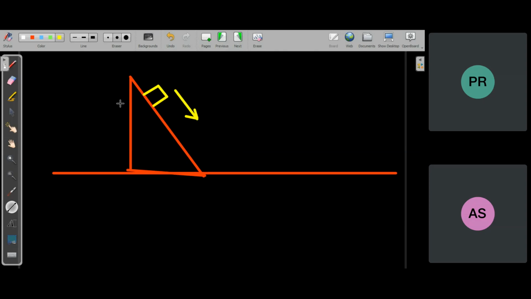In this situation, will the normal reaction do work or not? Think about it. In this situation, it will do work, sir, because the wedge is also moving.